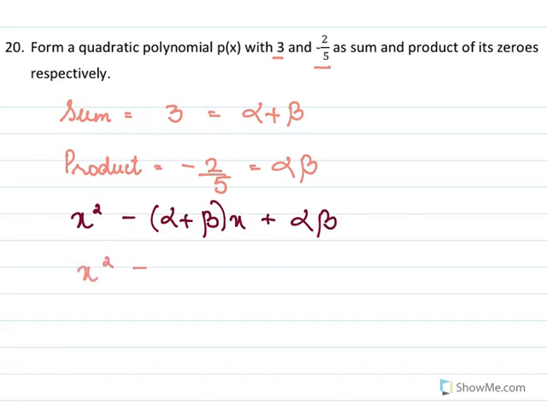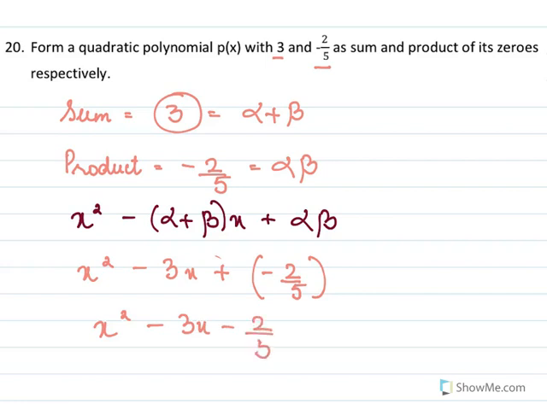So this is x square minus 2 by 5 x. Oh no, sum is 3, not 2 by 5, so this is wrong. Sum is 3, so we have 3x. Product alpha beta is minus 2 by 5. So we have x square minus 3x minus 2 by 5.